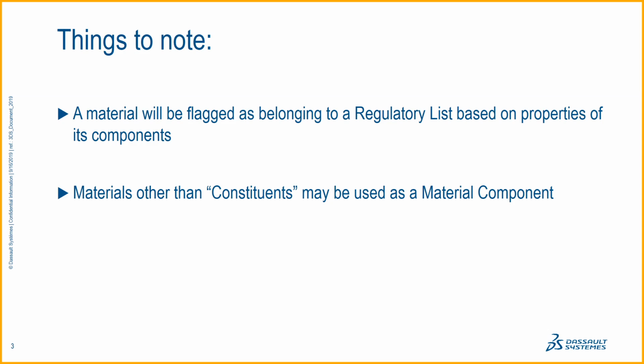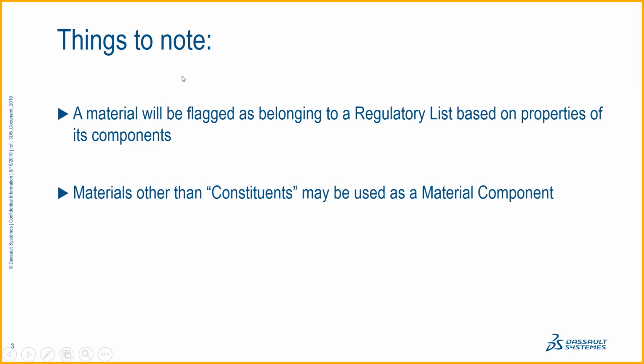Well, in previous versions of CISPRO, I think up to 2018 SP2, a material component had to be selected from this constituents list. We had to define our constituents as the constituent material type, and those were the only materials we could pull in and make a component of some sort of mixture.